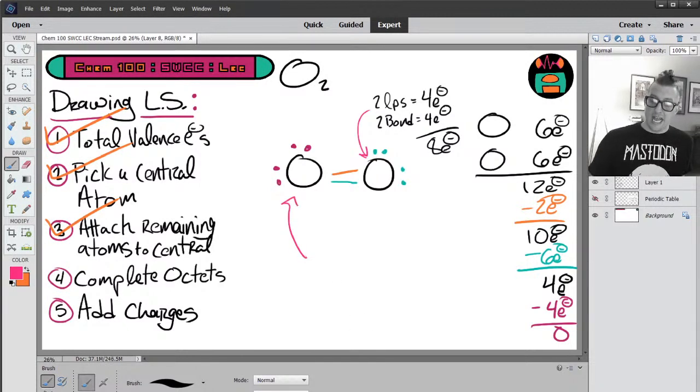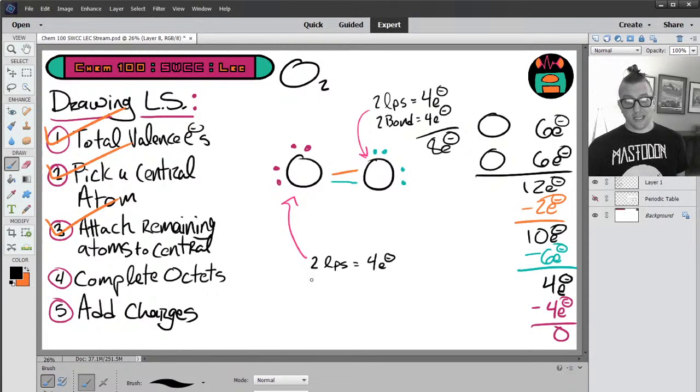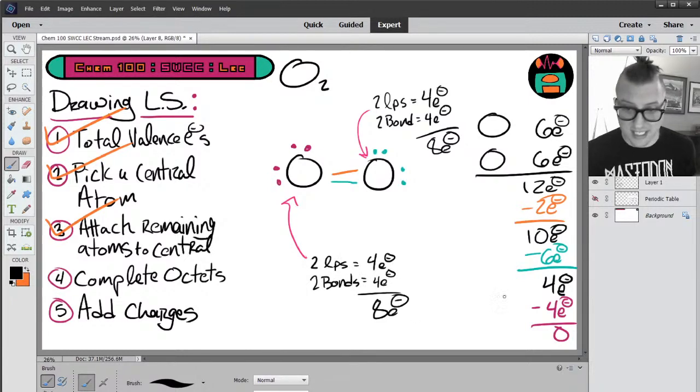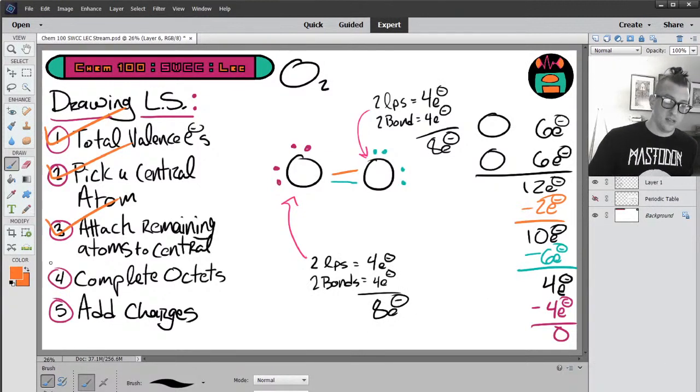But now when we look at our second oxygen, it has 2 lone pairs, just like before. So that's 4 electrons. And it now has 2 bonds, which also contain 4 electrons. So now our second oxygen has access to 8 electrons, and we have completed our octet.